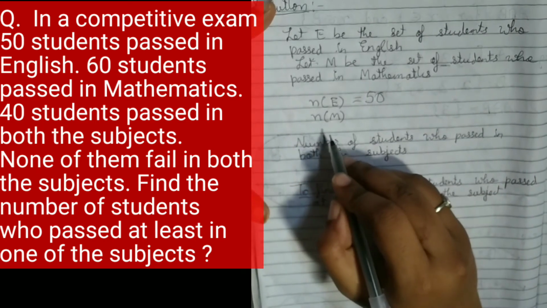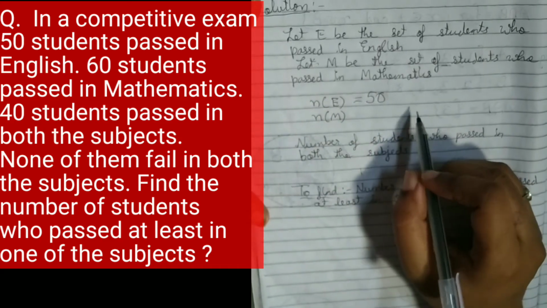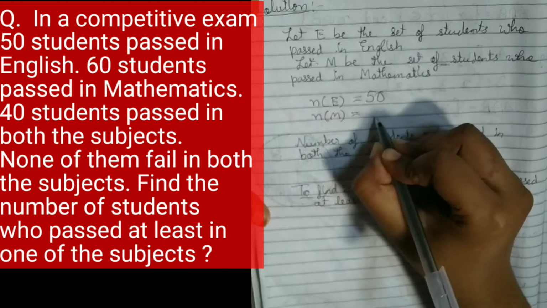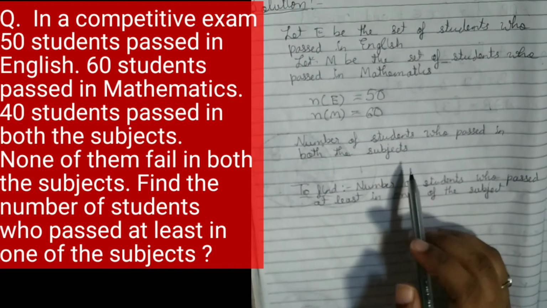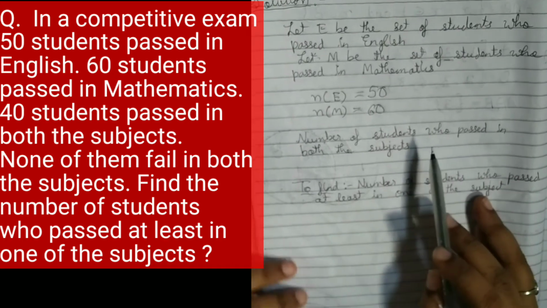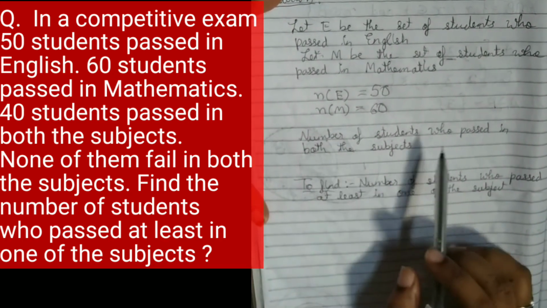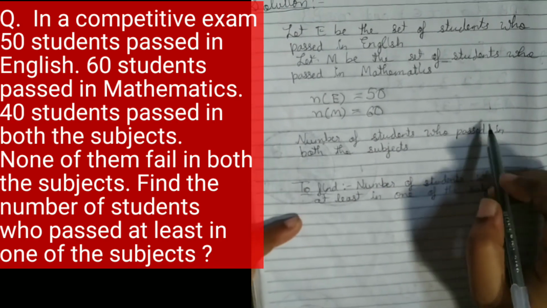Now, how many students passed in mathematics? It is given in the question, that is 60. So, the number of elements in M is equal to 60. Number of students who passed in both the subjects. Both means what? See here, both means intersection. Okay.